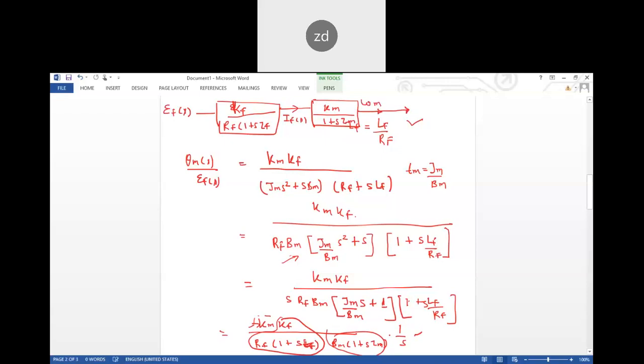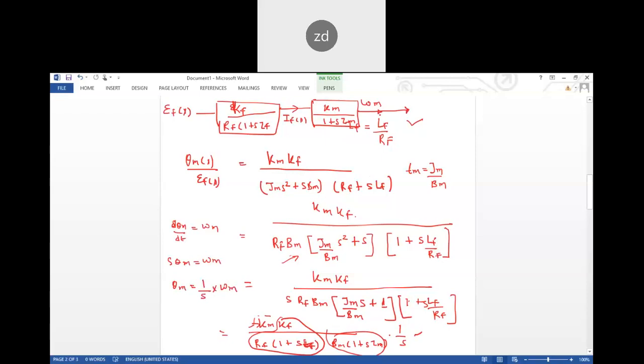So basically your omega m is what? If you differentiate, d theta m by dt is equal to omega m, so this would mean s theta m is equal to omega m. In other words, this theta m, if you want to get it from omega m, would be 1 by s into omega m.